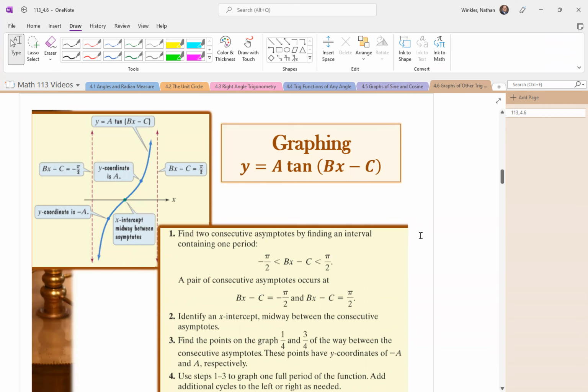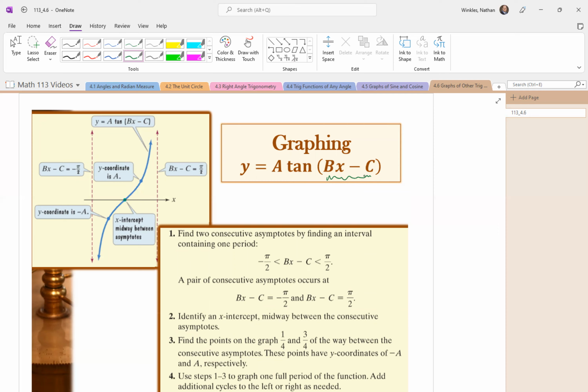So if we move this and make it a times tangent of bx minus c, we first need to find our asymptotes based off of any shifting we have. We're going to take whatever is inside of our parentheses, this bx minus c, and set it greater than negative pi over 2 and less than pi over 2 as our standard.